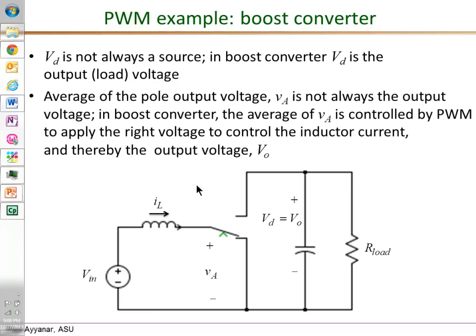That may be the output voltage, or it may be just another intermediate voltage. So again, in the boost converter example, this is the bipositional switch, and this is the pole output voltage VA. Its average value is not equal to the output voltage. In fact, we control this average voltage to actually control this inductor current, which in turn indirectly controls the output voltage itself.